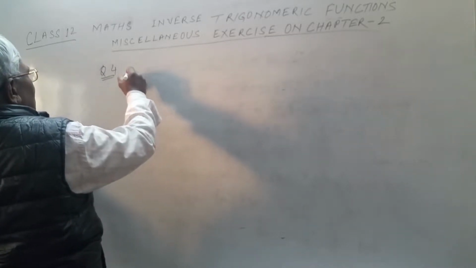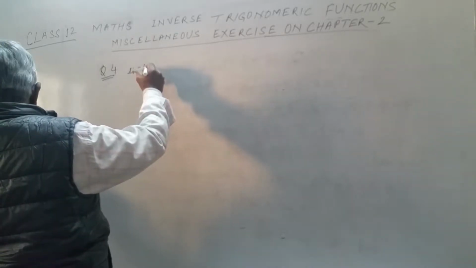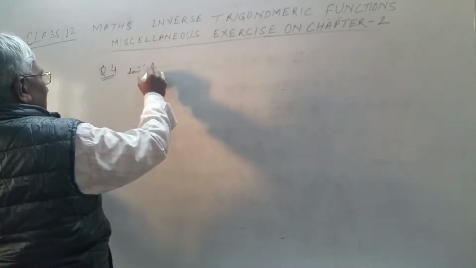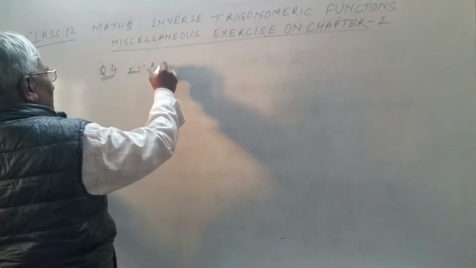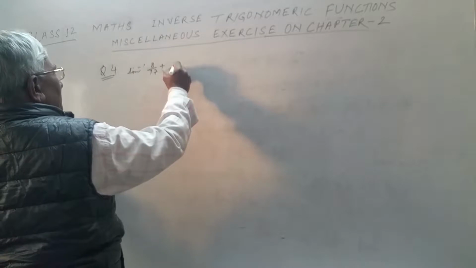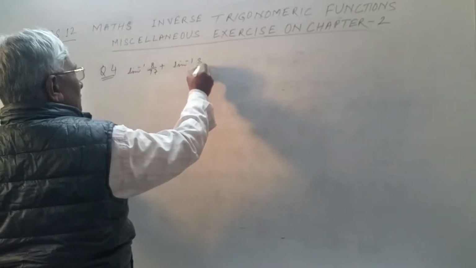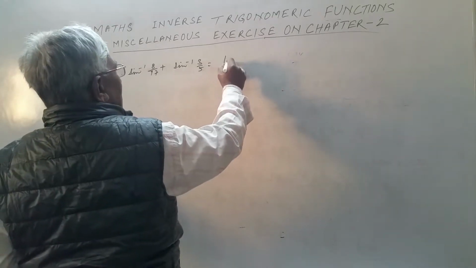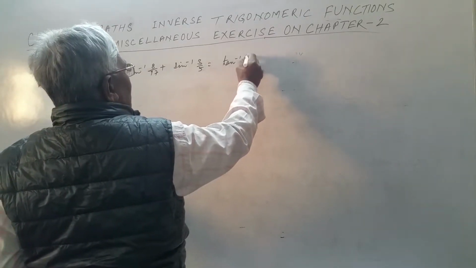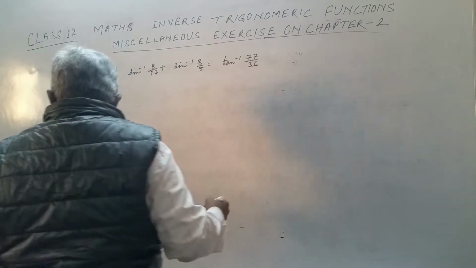It gives sine inverse 8 upon 17 plus sine inverse 3 upon 5 should come tan inverse 77 upon 36.